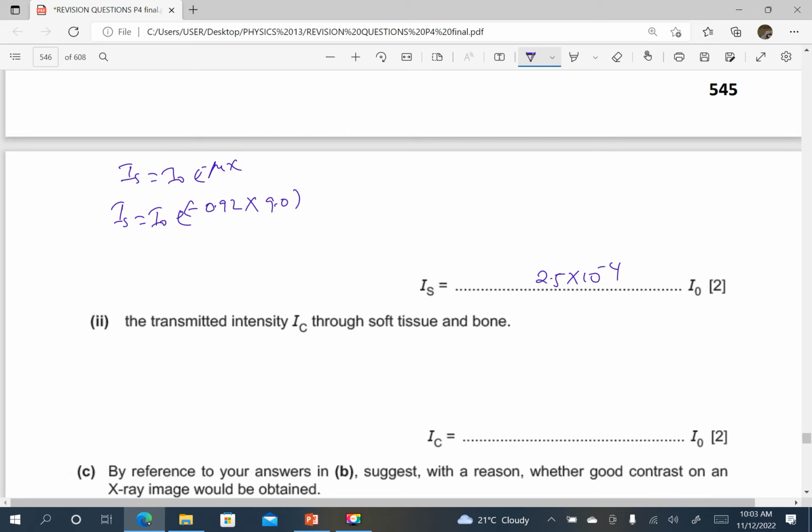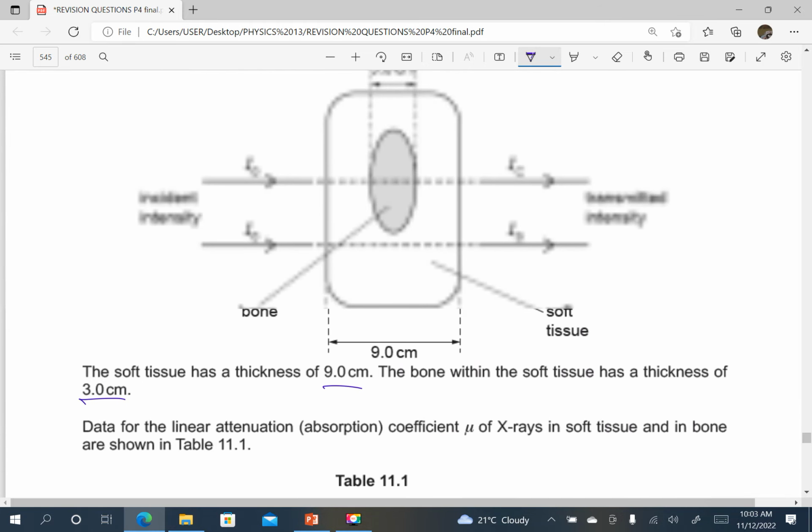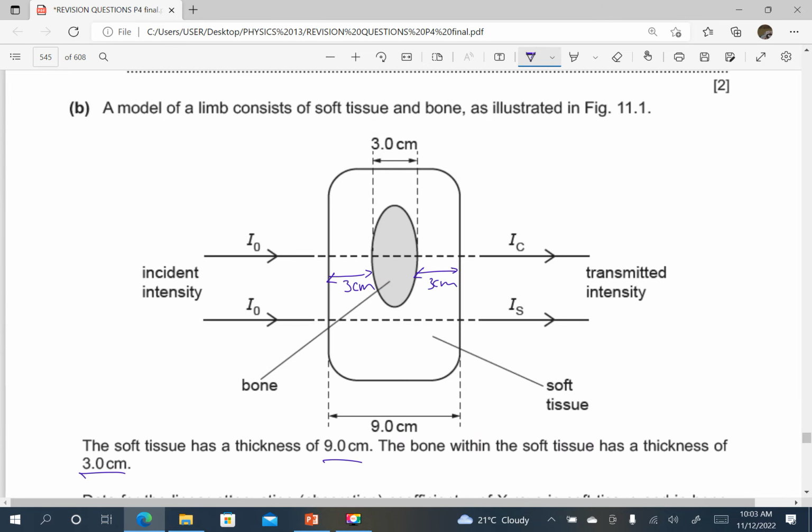Then the intensity IC through soft tissue and bone. Now that one is similar to the previous question we have taken. Let's say what arrives here is I naught, what leaves here is I naught. What arrives here is I1 and it's what leaves. What arrives on the other side of the bone is I2 and it's what leaves. And what arrives on the other side is IC.